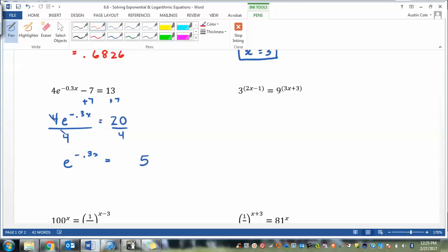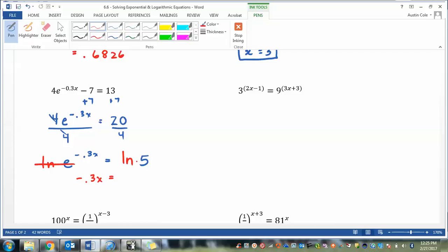And again, to get rid of e, we're going to be using natural log. Natural log both sides. So the e and the natural log will go away. And on the left side, I have negative 0.3x equals whatever natural log of 5 is. So do that in our calculator. Round that to anywhere from 3 to 5 decimal places is good.